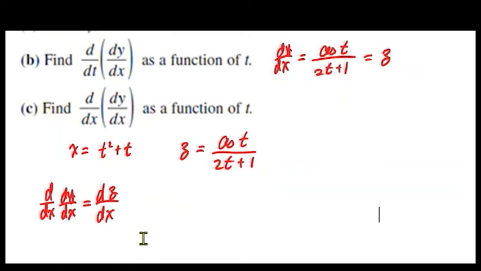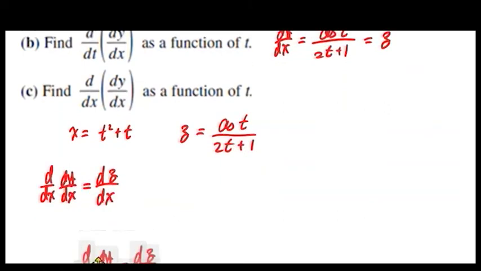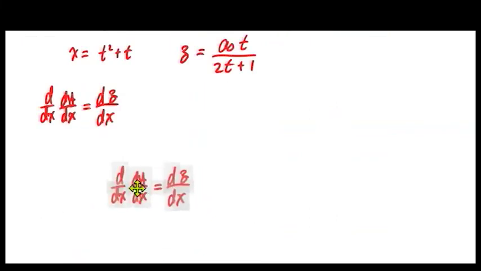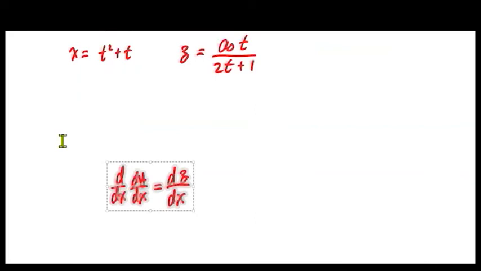You see the procedure? So this really is our second derivative. In order to find dz over dx, it's exactly the same procedure. We need dx over dt.